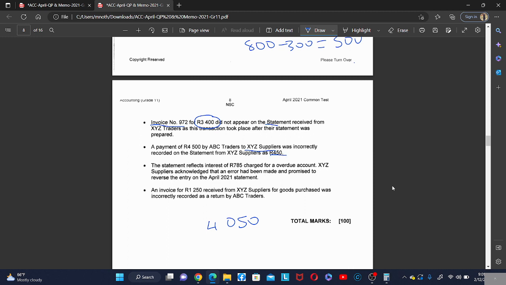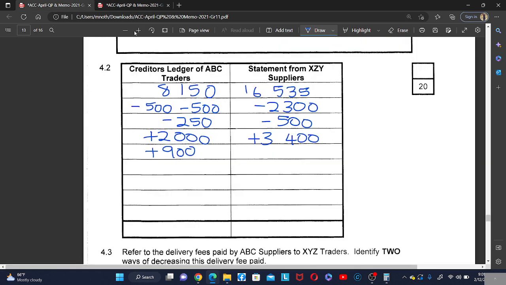The amount that was paid was 4,500, meaning that they subtracted a lesser amount. The statement was supposed to decrease by 4,500 to show that ABC Traders has paid, but it decreased by 450. So we still need to decrease it by the remaining amount of 4,050.